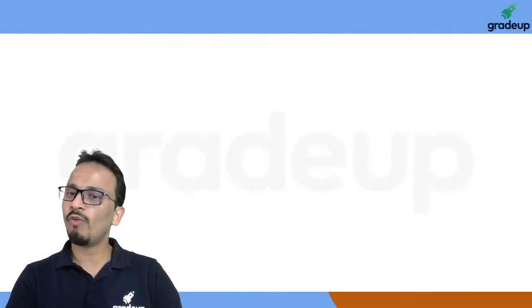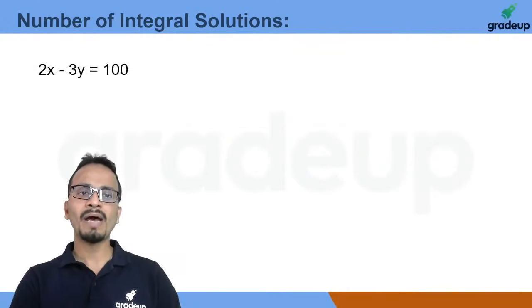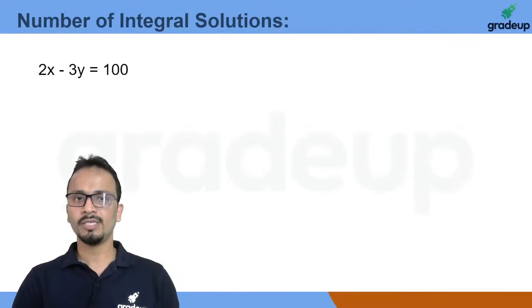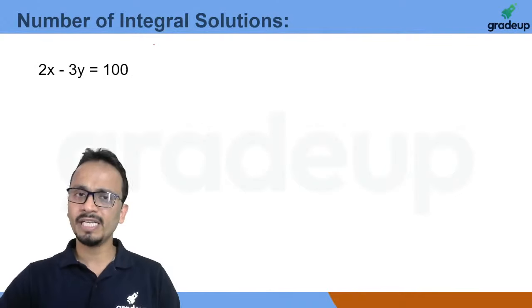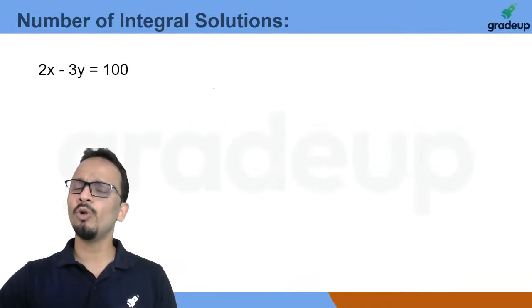Now let's look at one more type of equation, a similar one: 2x minus 3y equals 100. Again, I'll be finding the number of integral solutions, natural number solutions and whole number solutions.